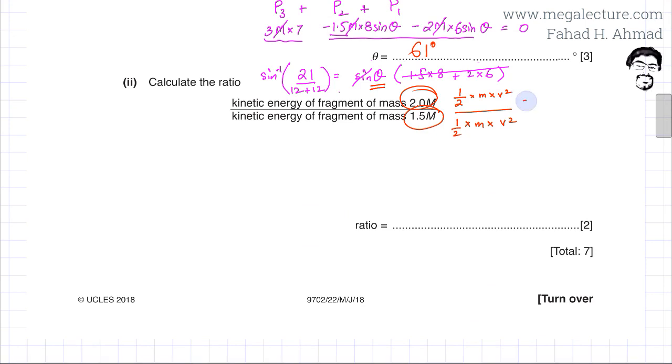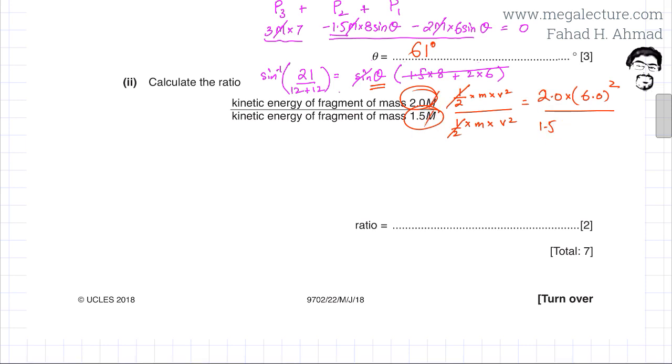So I'll cut out this half, it's going to get cancelled out. So it's mass, which is 2m, into 6 meters per second squared, divided by the mass of the second particle, which is 1.5m. I'm also cancelling out the m's because they're going to get cancelled out.